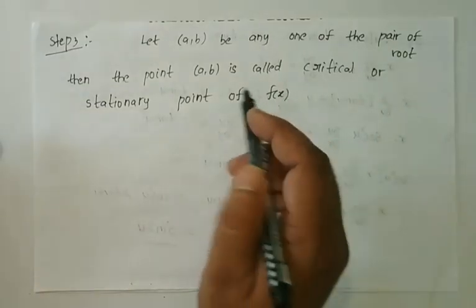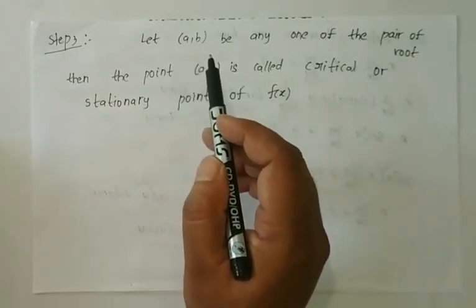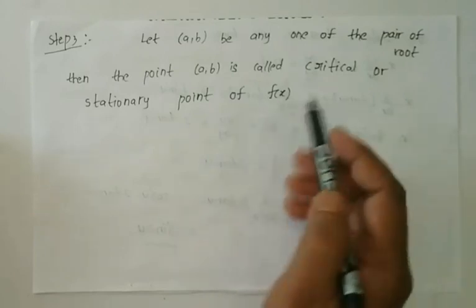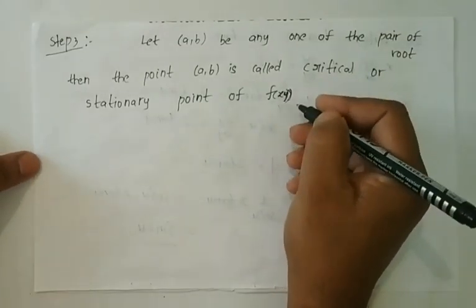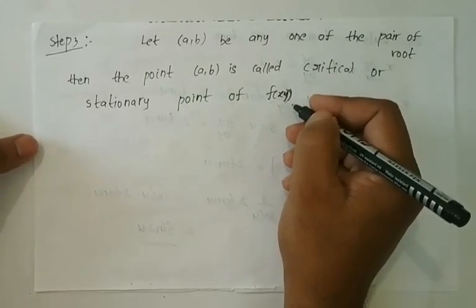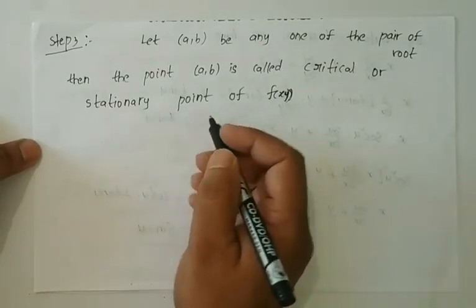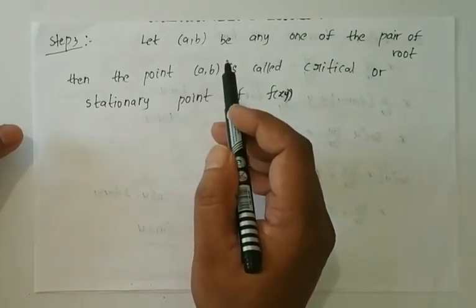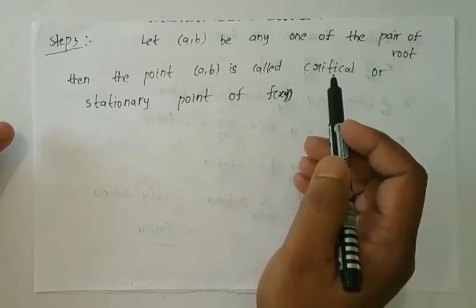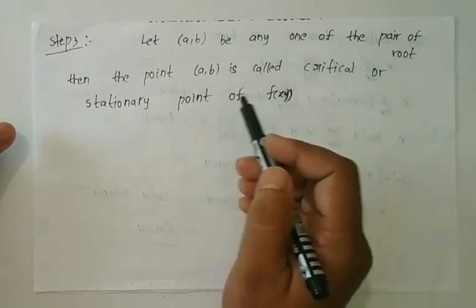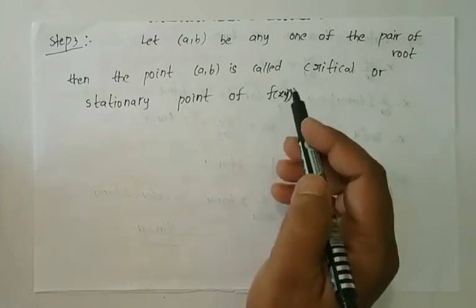That means x is equal to a, y is equal to b is a critical point of the function f of x comma y.